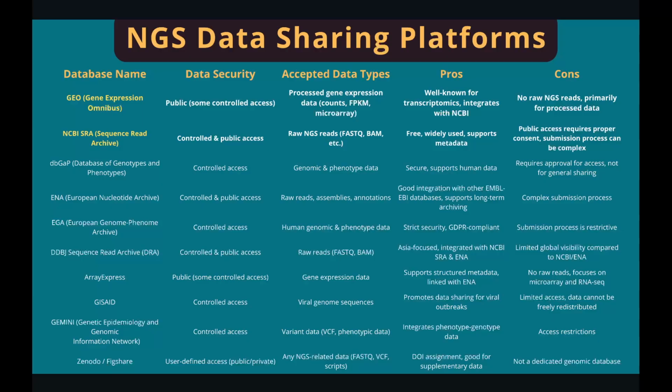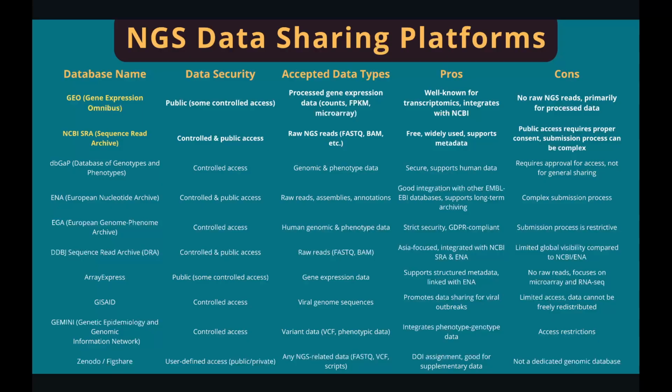Among all NGS data sharing platforms, GEO stands out due to its public accessibility, fast processing time, great customer service, and the best of all, integration with other NCBI resources.